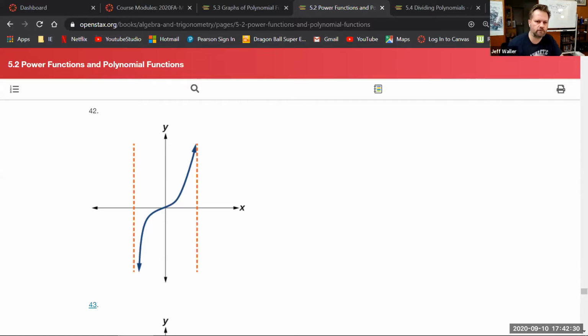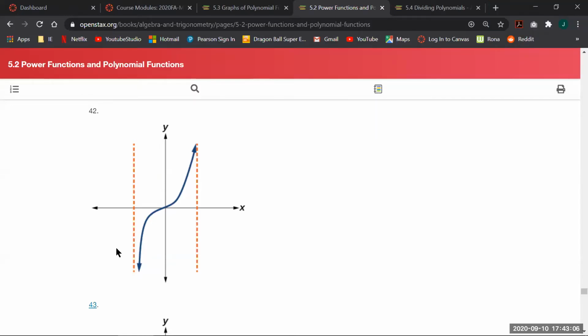Do you guys see 42 up here? There is no way in hell this is a polynomial. There's no way this is a restricted domain, because see how it goes? This is asymptotic. So it goes to infinity right there, right here. Whereas a polynomial function will go to infinity as x goes to infinity, or negative infinity. It's going to go to infinity in both directions, positive or negative. Do you guys see what I'm saying?